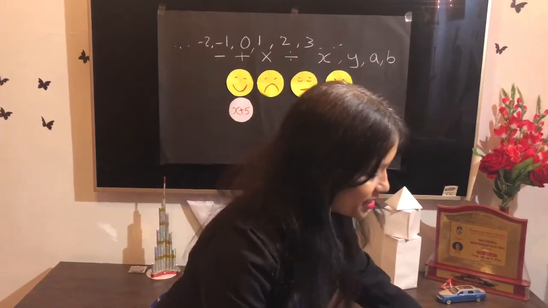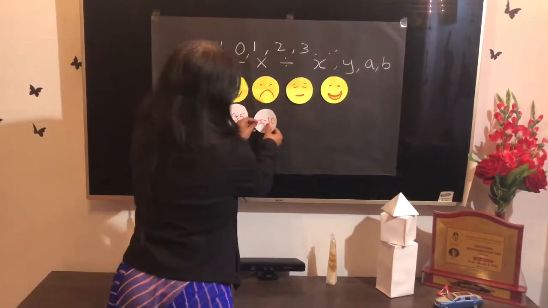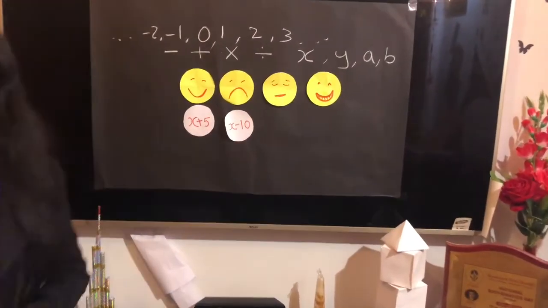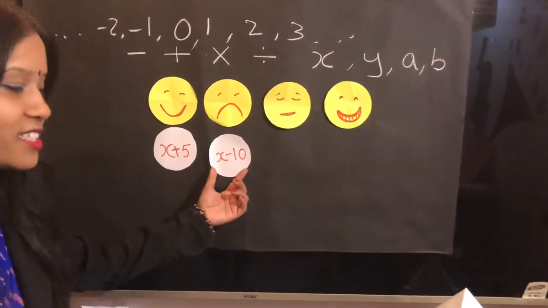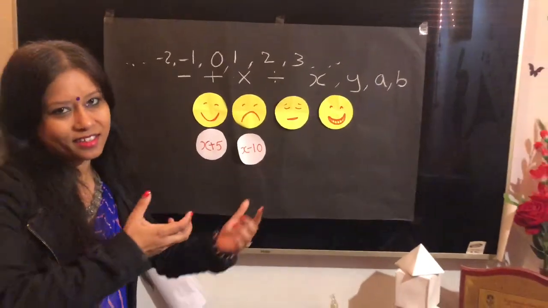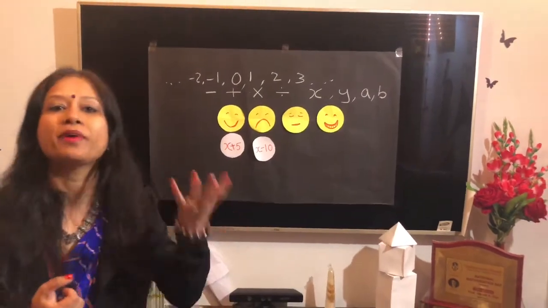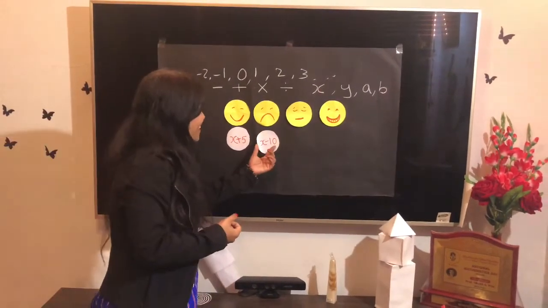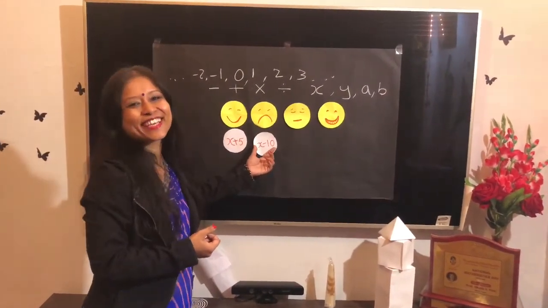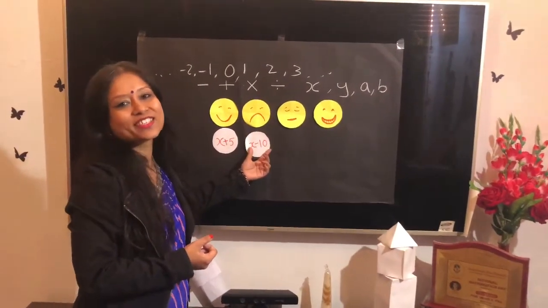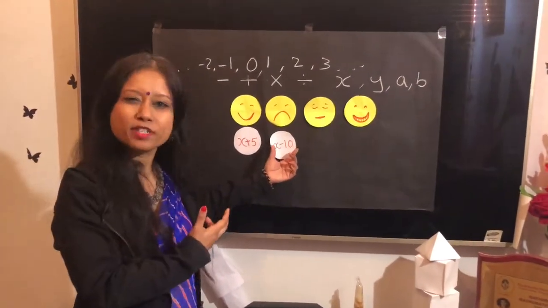Now I have another expression, x minus 10. Here in this expression, the quantity 10 is removed from x, right? So this is sad. We can say that x minus 10 is a sort of sad expression for mathematics.